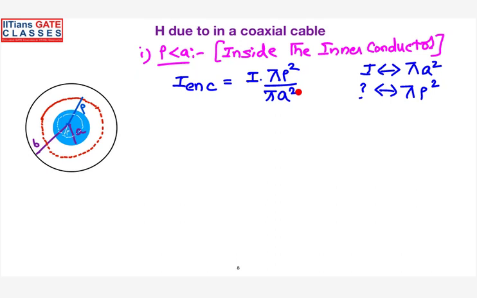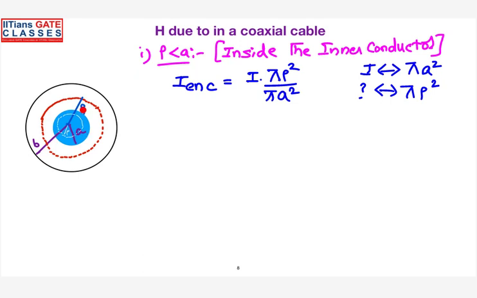Correct? Understood, everyone? Since I am covering a small loop area, the enclosed current is also proportional to the area. So it is the original current carried by the inner conductor times the area of this loop divided by the area of the inner conductor.